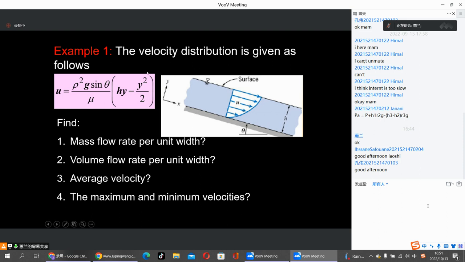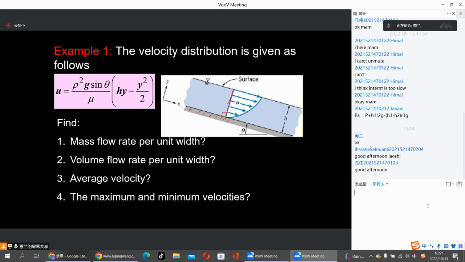We have solved this problem together. We know the velocity distribution for this fluid. This is a free surface, and this is a solid boundary. If we establish xy coordinates, x is along the solid boundary and y is perpendicular to the solid boundary. We want to find the volume flow rate per unit width of this cross section.